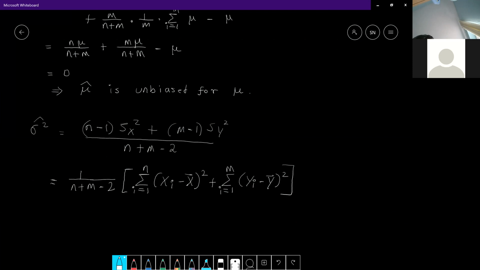Now, to show that it is unbiased, we need to show that the bias is equal to 0. All right. So I want to find the bias, which is equal to the expectation of that minus sigma squared.